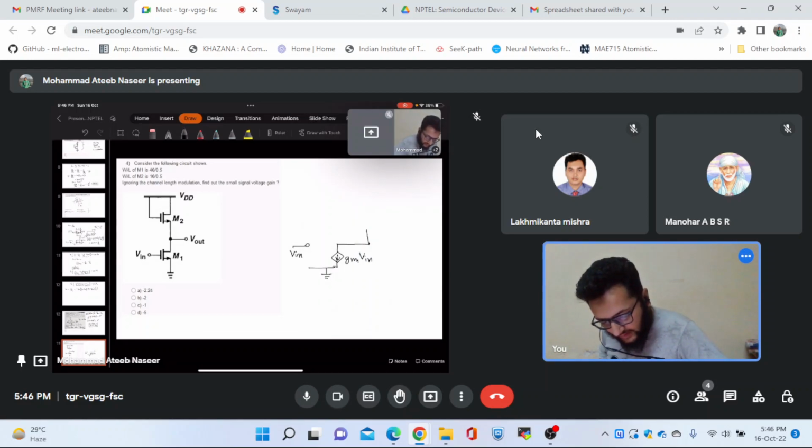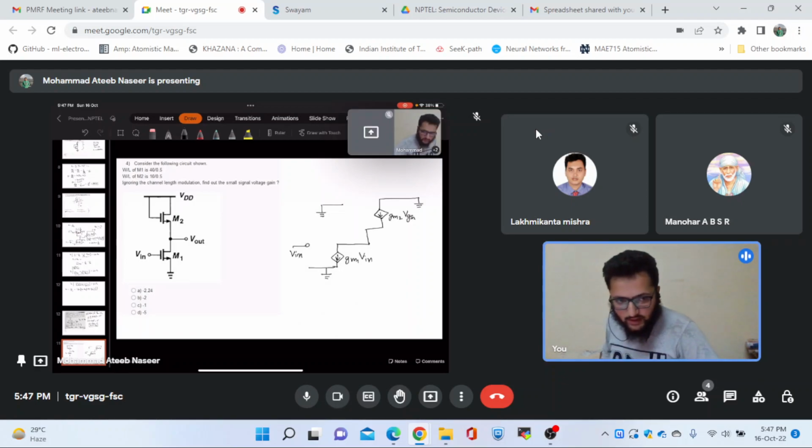The gate is connected to the drain. Since we are doing the small signal analysis, the gate will be connected to the ground. So this is gm2 VGS2, and its drain is grounded, because the drain and gate are connected, both are grounded.